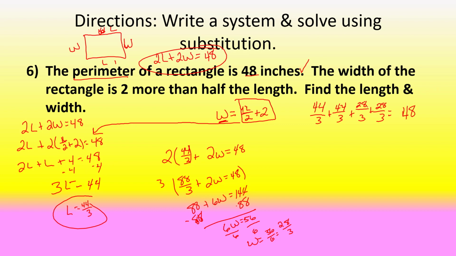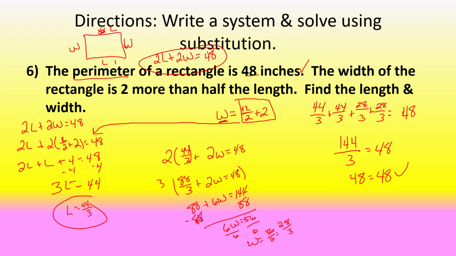So let's do a little math. 44 plus 44 plus 28 plus 28 gives me 144 over 3. All we did was add these 4 fractions together. Equals 48. Let's simplify. 144 divided by 3 is 48. 48 equals 48. We did all of the fraction work beautifully.